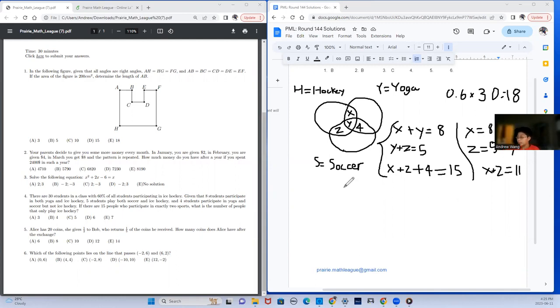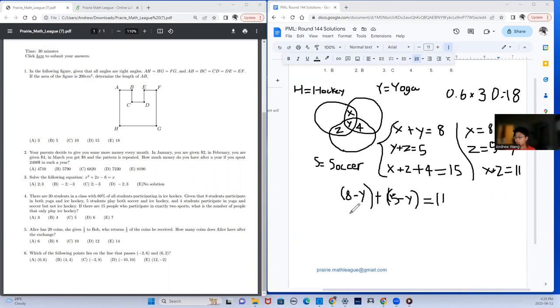So replacing X, it would be 8 minus Y plus the Z, which now equals 5 minus Y. 8 minus Y plus 5 minus Y equals 11.